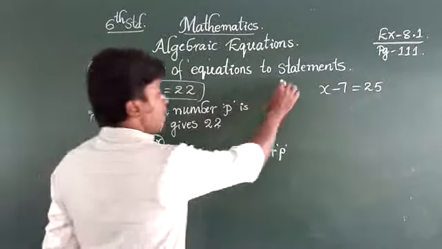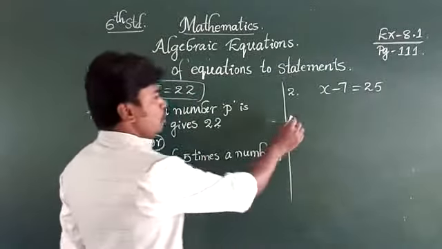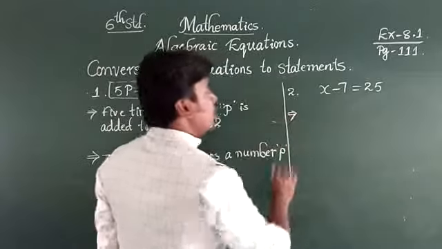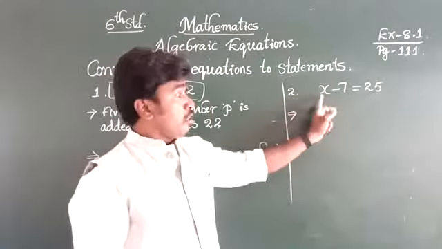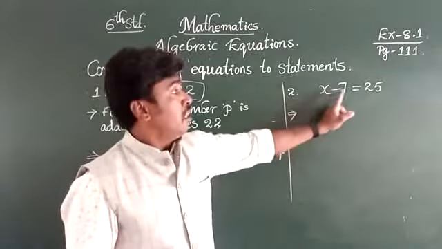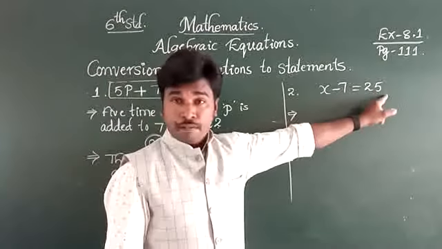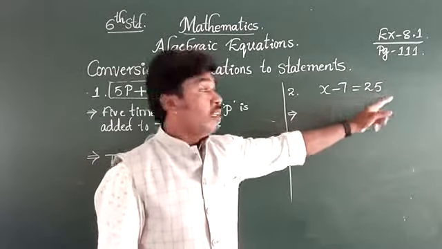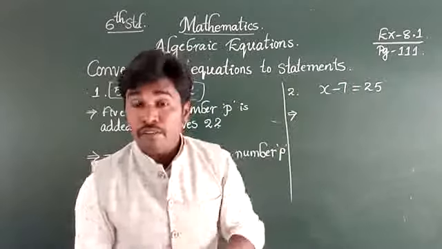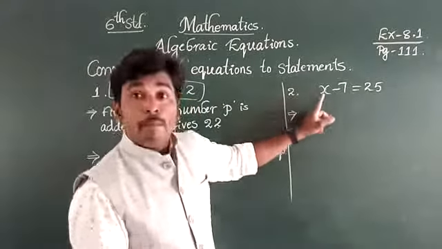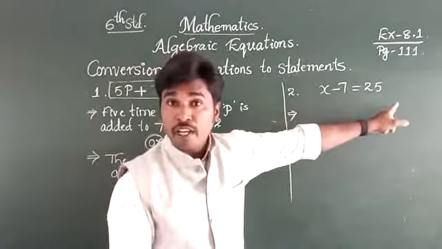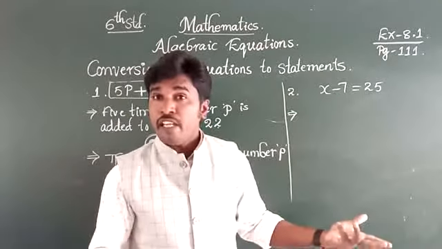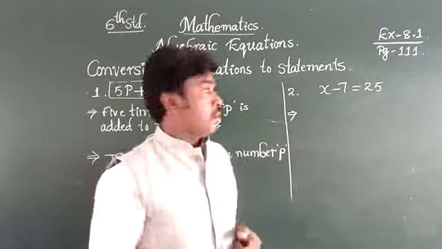Now we come to the second one. Dear students, here also: 7 is subtracted from a number x gives 25, or the difference of a number x and 7 is 25. In these two ways you can say the statements.